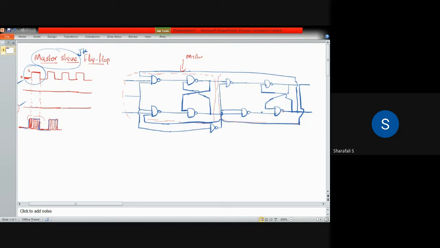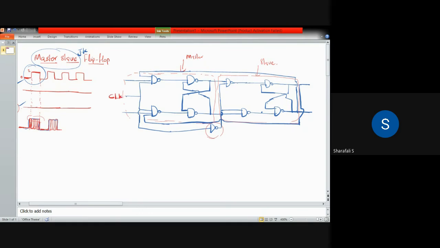This part is slave. And we also discussed the operation of this master slave flip flop in the last class. So we have a NOT gate here. This is very important, and this NOT gate will invert the clock pulse.